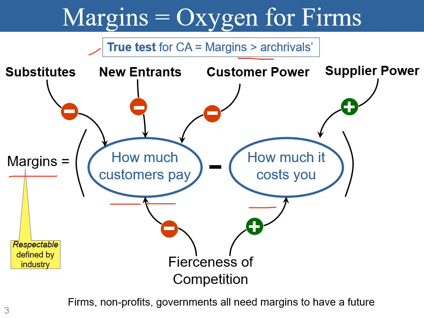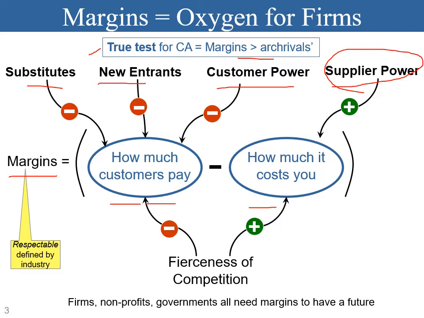Substitutes, new entrants, and customer power are the factors that will lessen your margin, while supplier power will increase your margin, right?